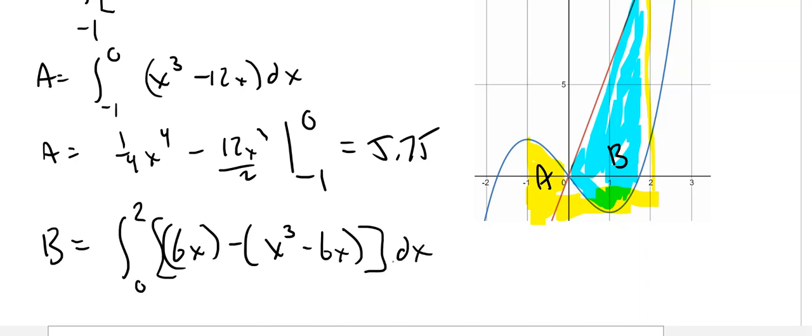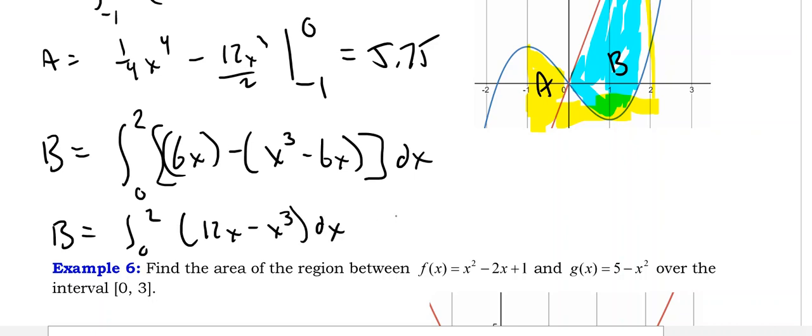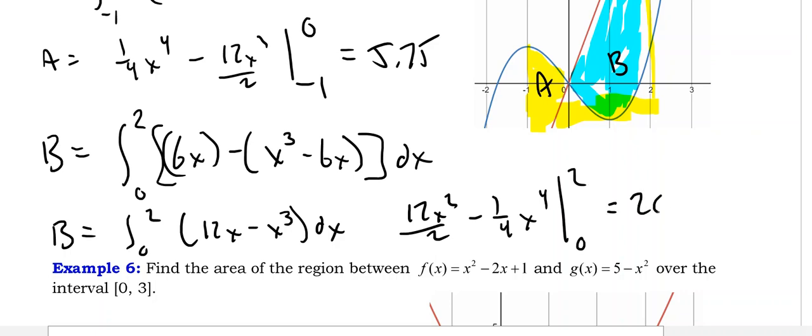And simplifying that, you're going to have area B from 0 to 2 is going to be 12x minus x cubed dx. And so that is going to become 12x squared over 2 minus 1/4 x to the 4th, evaluated from 0 to 2. And that will end up being equal to 20.